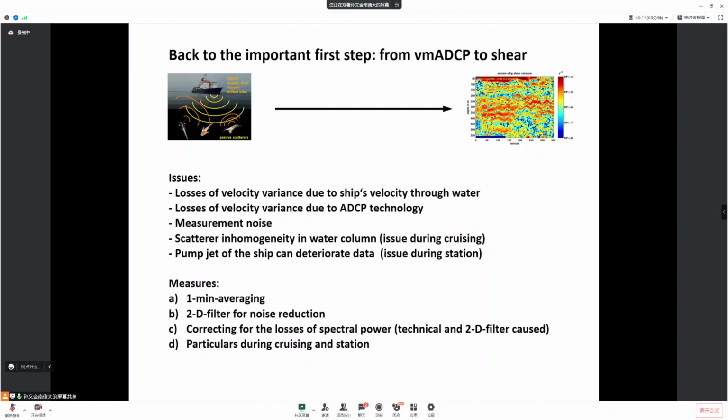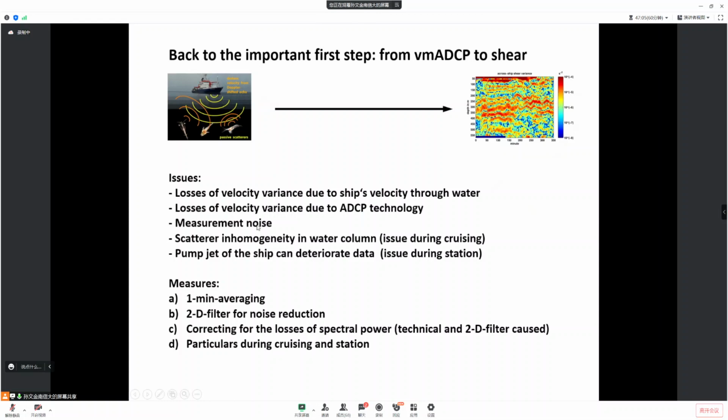And now we come to the technical part, to the important first step to get clean shear data from the ADCP in order to do all this work. There's several issues with that. So we have losses of velocity variance that we measure because the ship is moving over the internal waves. We have variance losses because the ADCP is working as it is, essentially because the data are binned into depth cells.